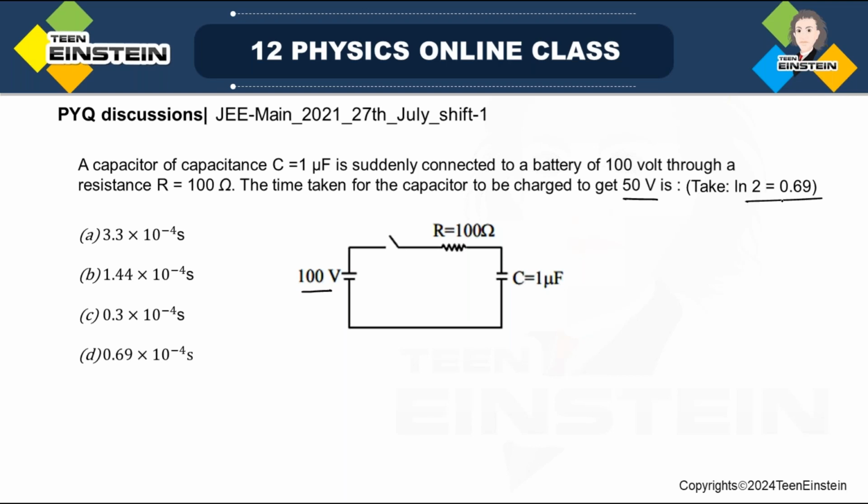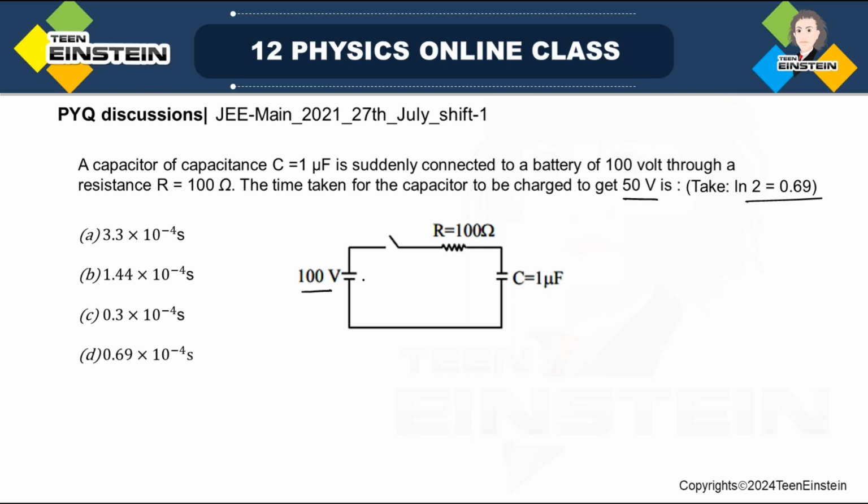Here you have to take ln2 is equal to 0.69. This we know from nuclear physics also, right? All right, so here you have to find out the time that the capacitor takes to be charged up to 50 volt.